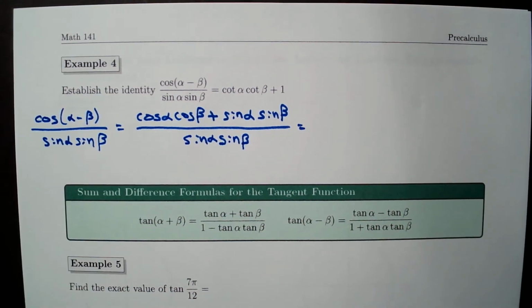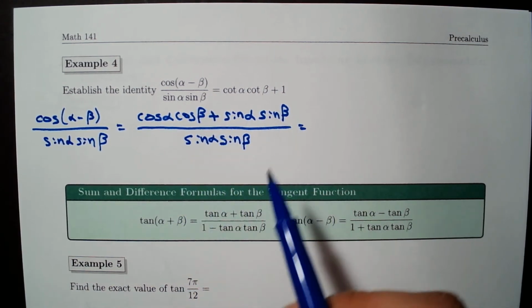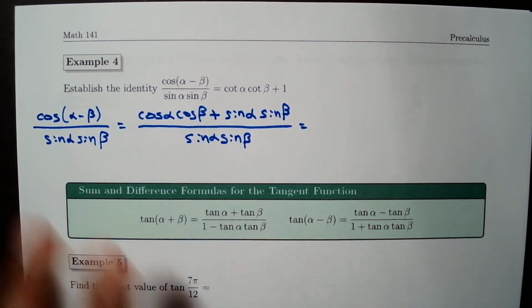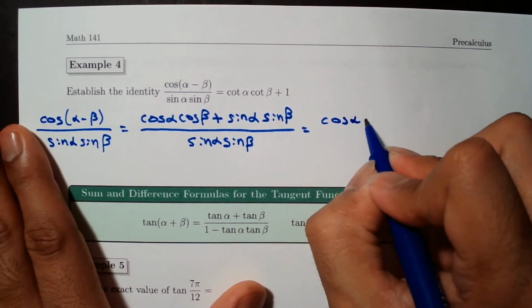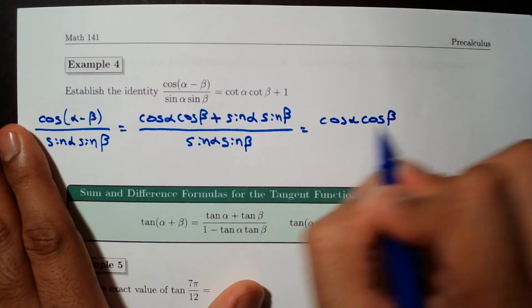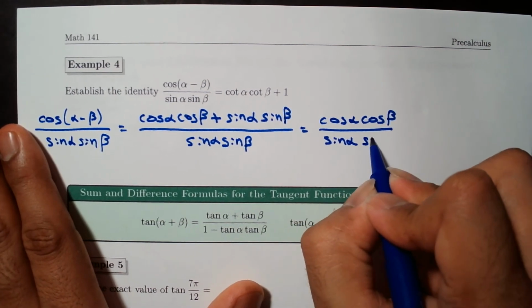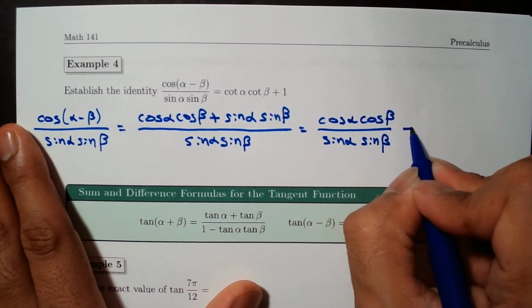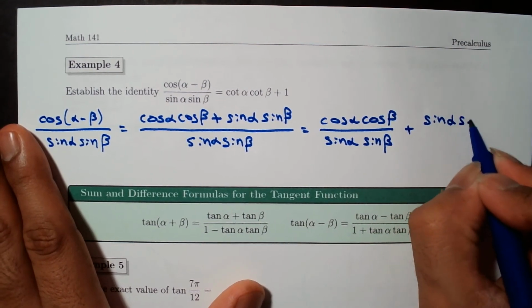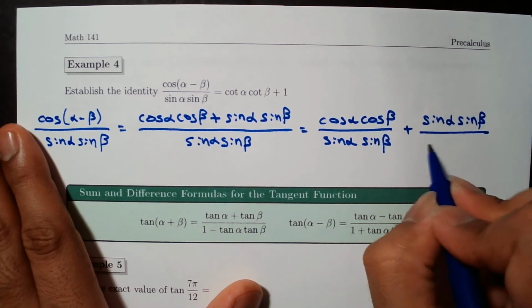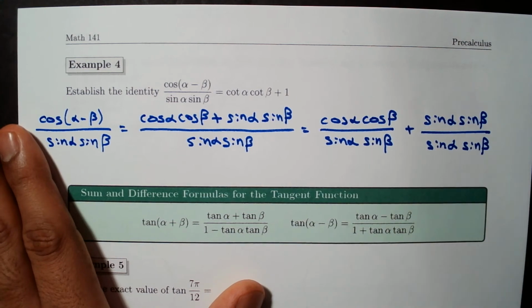Okay, notice we have a sum of terms in the numerator. So what I'm going to do, I'm going to split this: cosine alpha cosine beta over sine alpha sine beta plus sine alpha sine beta over sine alpha sine beta.